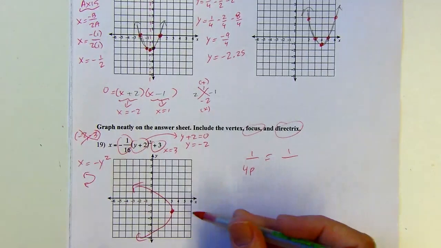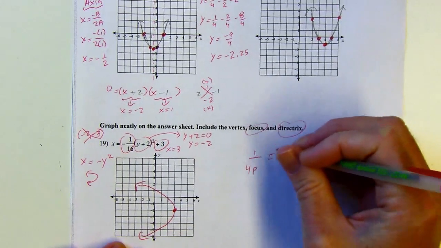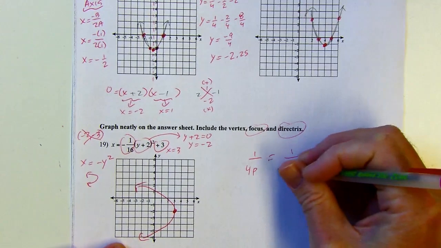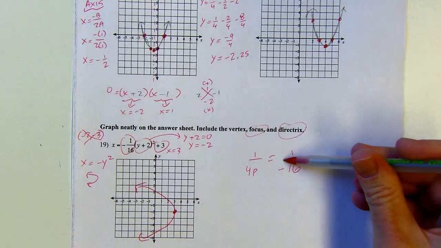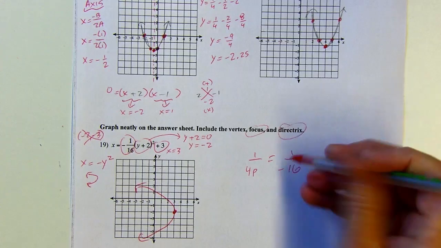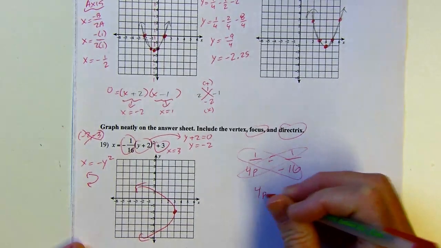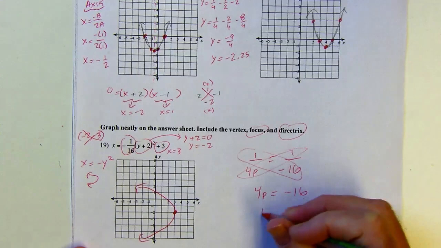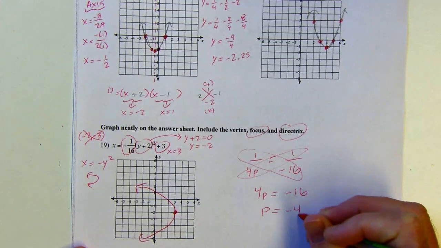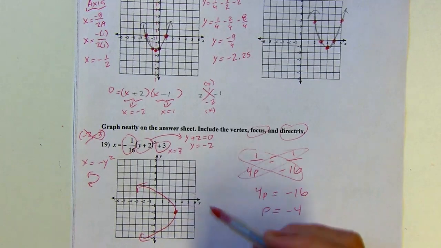So I'm going to have to go to the left from the vertex. Okay, so if you do use the negative, assign it either to the top or bottom, doesn't matter, so that when you cross multiply, it's clear where it goes. So I've got 4p equals negative 16, divide by 4. So if you said that the p value was 4 instead of negative 4, that's totally fine with me, as long as you know where it goes on the graph.